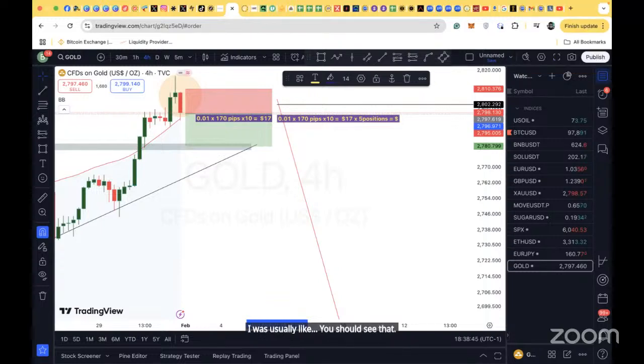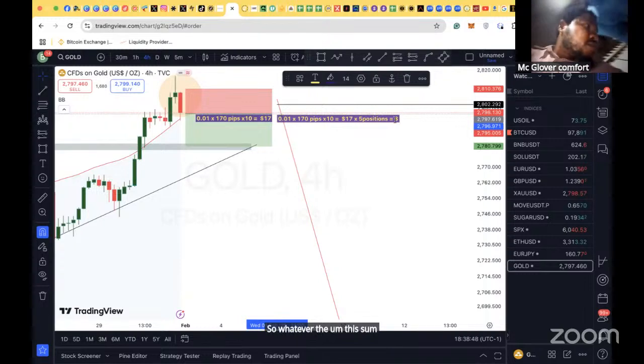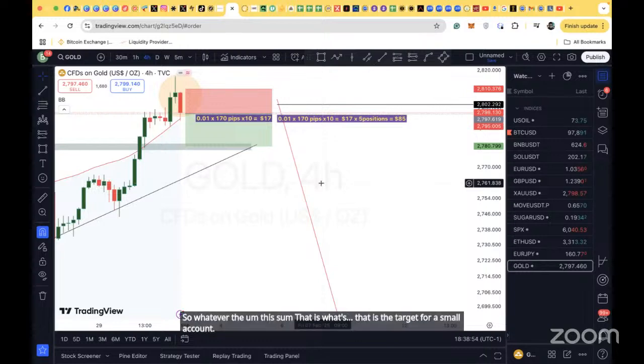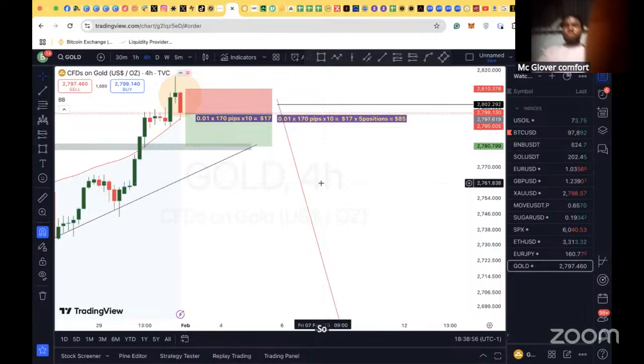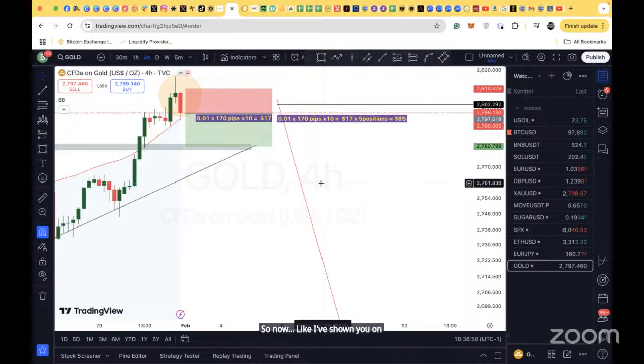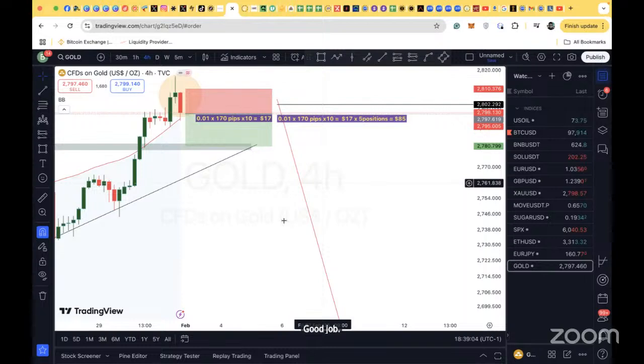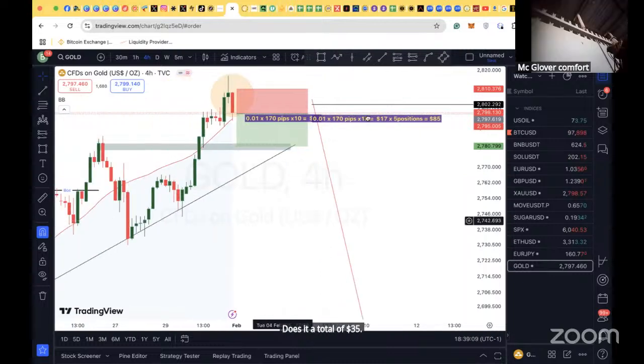So whatever the sum, that is the target for a small account. Now, like I've shown you on the Fibonacci. Number one, that's it. A total of $85. $85 on a small account.